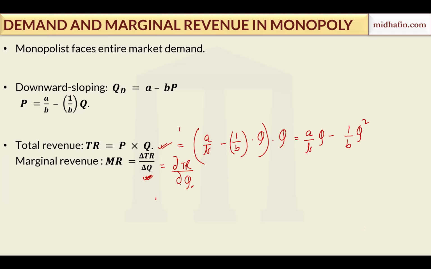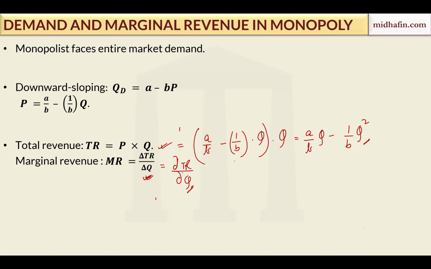At this level, you don't need this. Don't worry about the calculus part or partial derivative; you just need to understand the interpretation. In this case, even if you take the full derivative, there will be no problem at all because there is only one variable, which is Q. This partial derivative makes more sense when you have more than one variable, and it is a general case which covers everything.